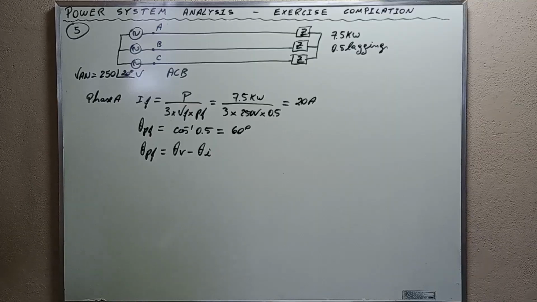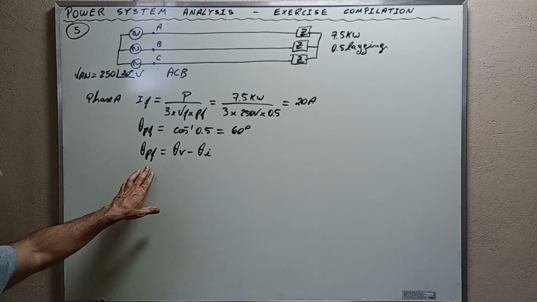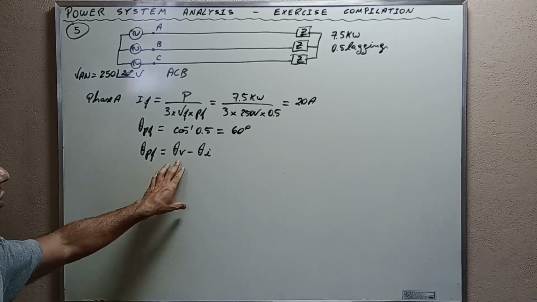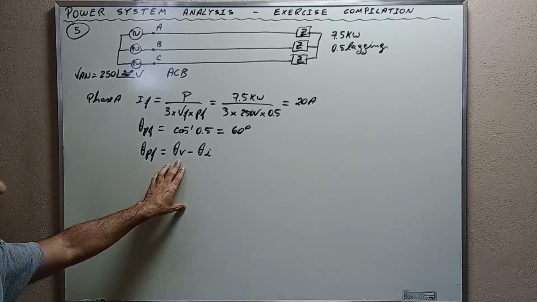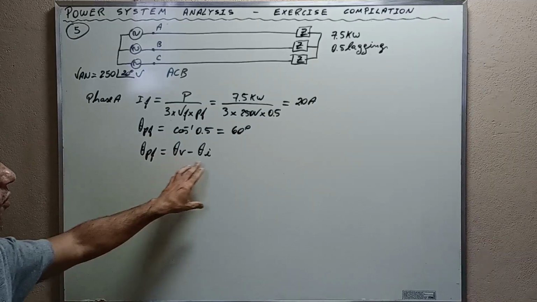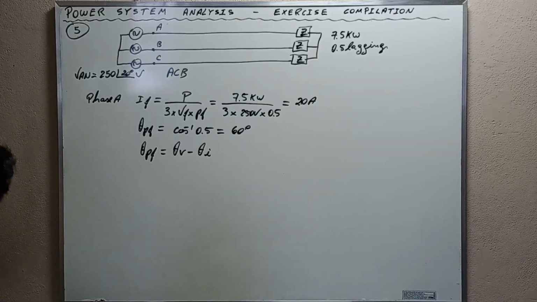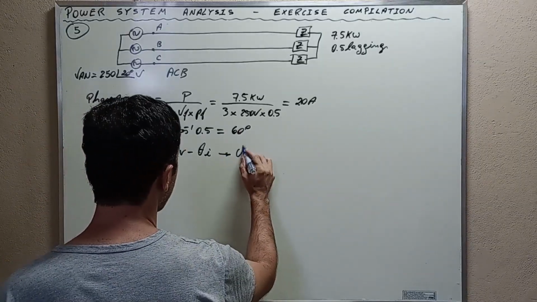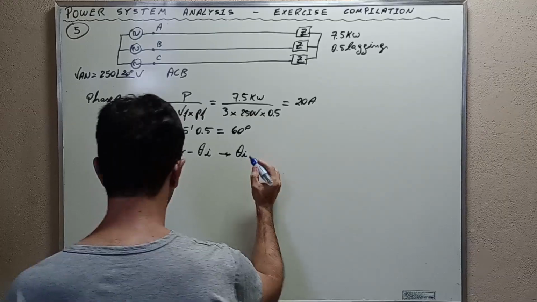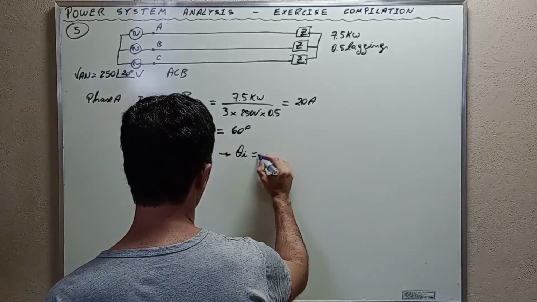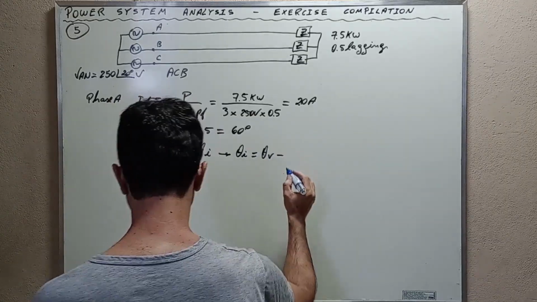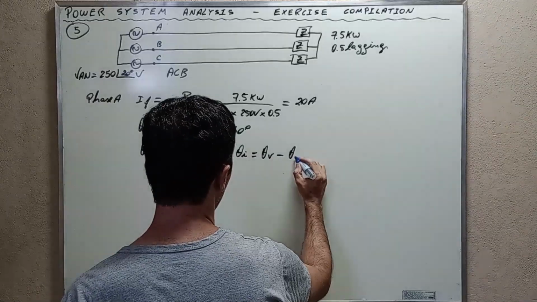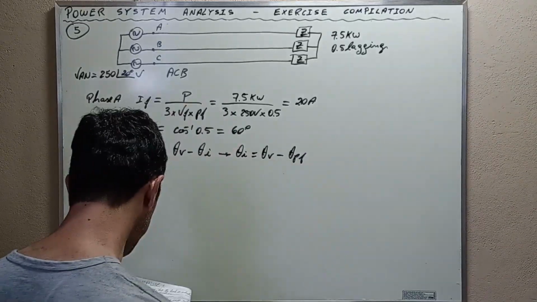Every electrical engineer needs to know this, that the angle of the power factor is equal to the angle of the voltage phasor minus the angle of the current phasor. And in this way, the angle of the current is equal to the angle of the voltage minus the angle of the power factor, okay?